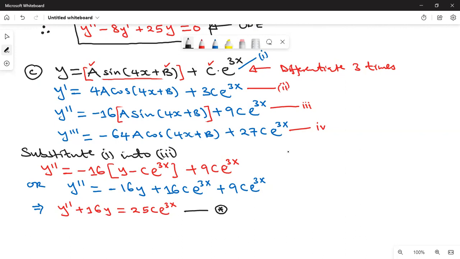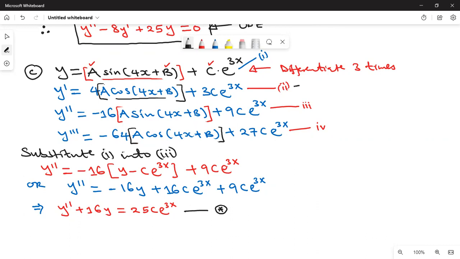Again, go back to our primitive and its derivatives. Look at here, where we have a cosine of 4x plus b. We can also find it in equation Roman 4. So then make this the subject. What is it equal to? It is y prime minus 3c exponential 3x, then divide by 4.